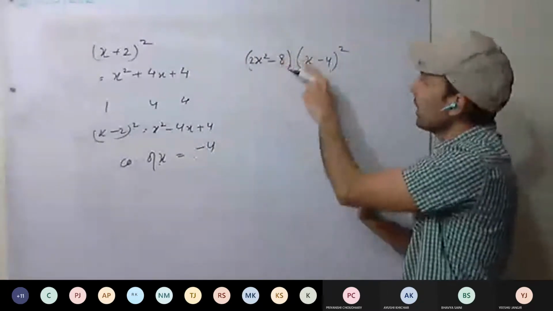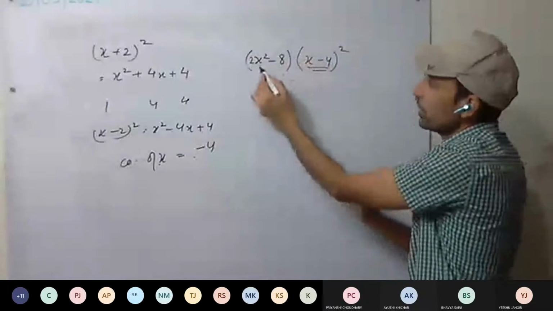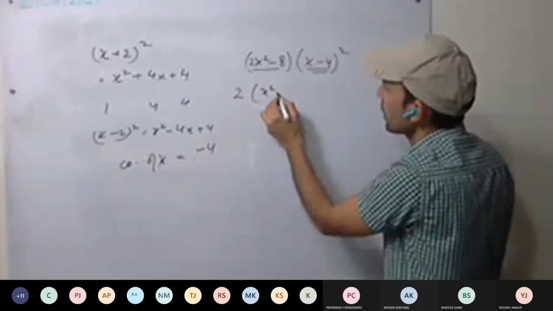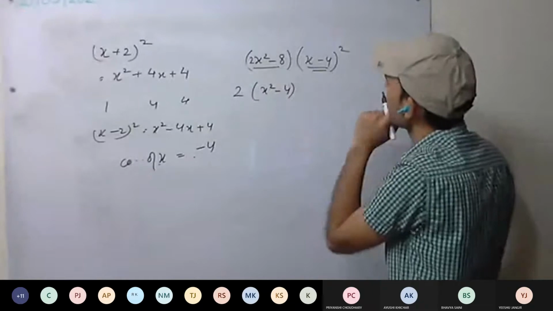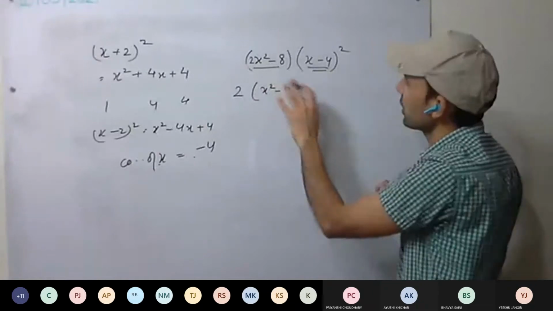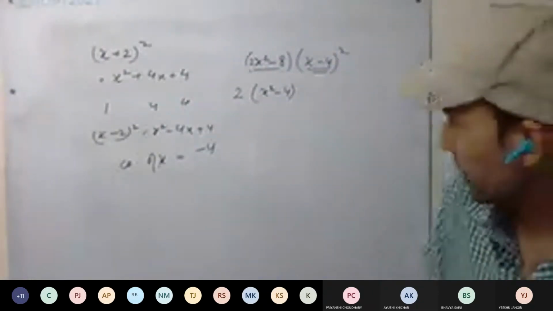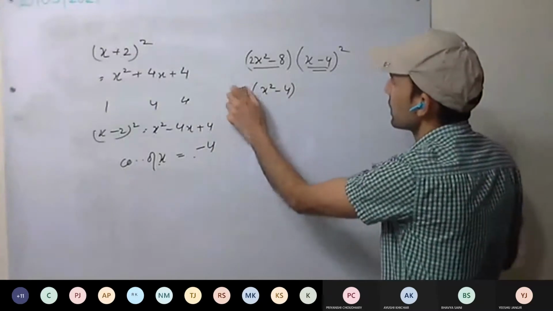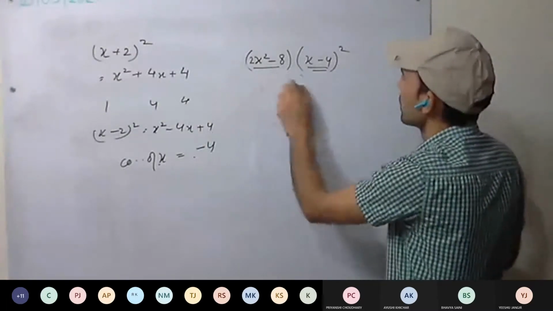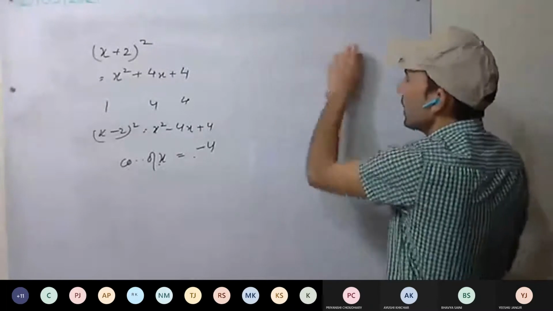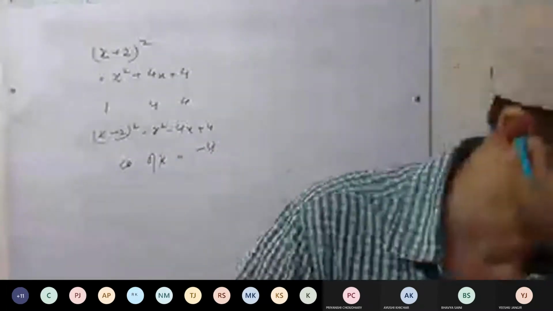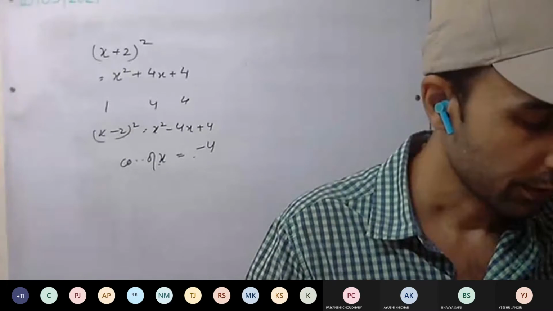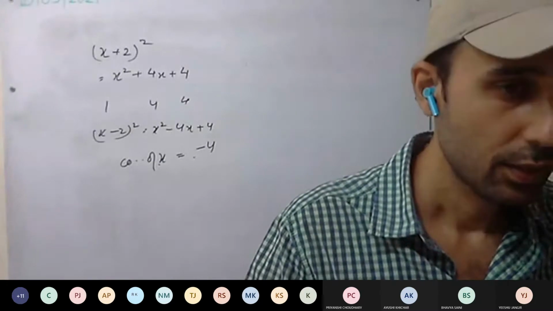You can simply expand this one, then multiply with this one, or take 2 common out, it will be x square minus 4. Multiply that one again, or you can do it like this as well. So this third question you can do as homework, yes or no? Okay, do the fourth one.